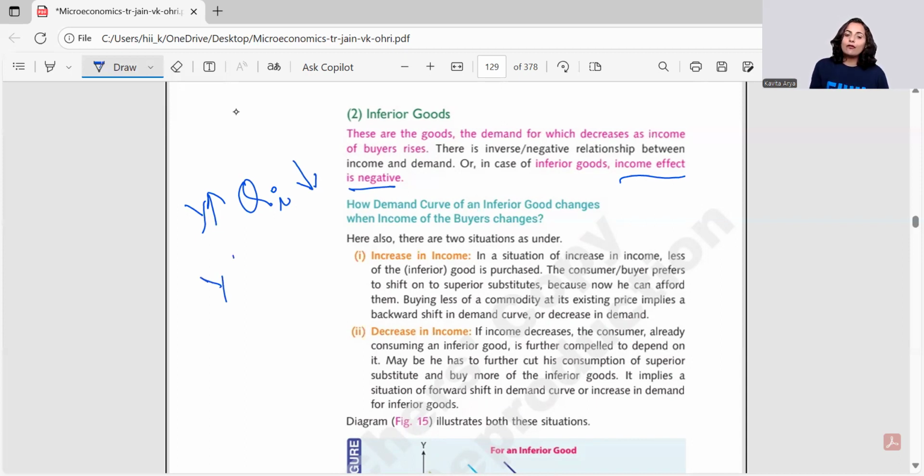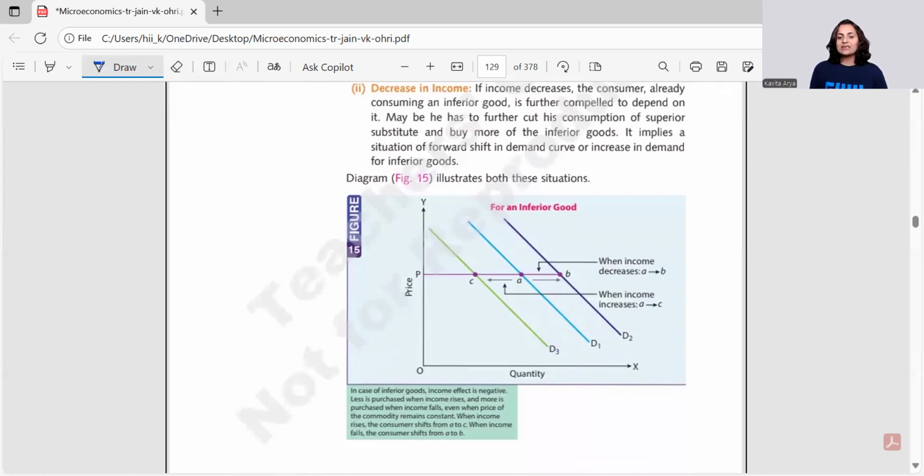And with the fall in the income, the quantity of inferior goods would rise, right? So this is showcased here. When the quantity is increasing, it means there is a fall in the income. And when the quantity is reducing, it means there is a rise in the income.